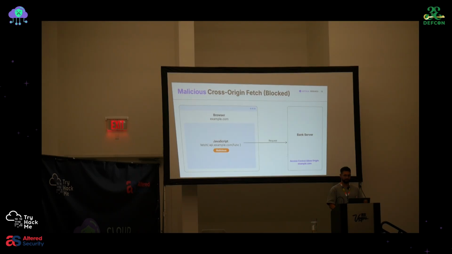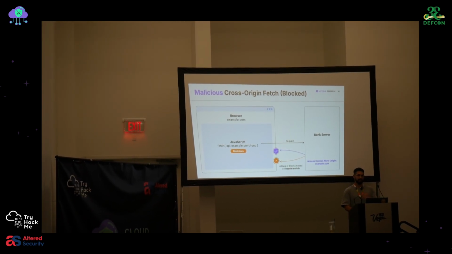It sends back the response, and my browser will check if the origin that made the request is equal to the value in that header in the response. If they are equal, it means that the bank server allows us to access the data. And if not, my browser drops the response and does not allow me to access the data. So it's cool. This is how this kind of attack can be prevented by the Same Origin Policy security feature in web browsers.